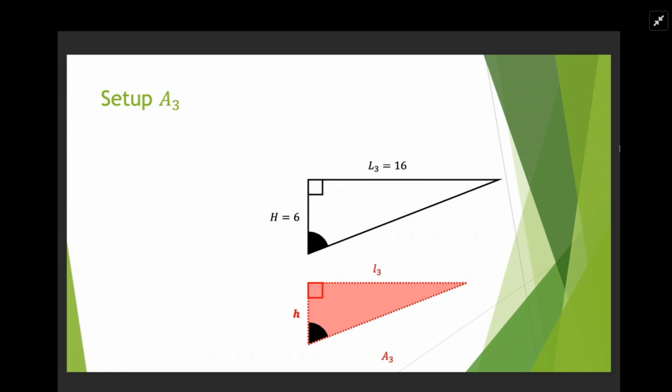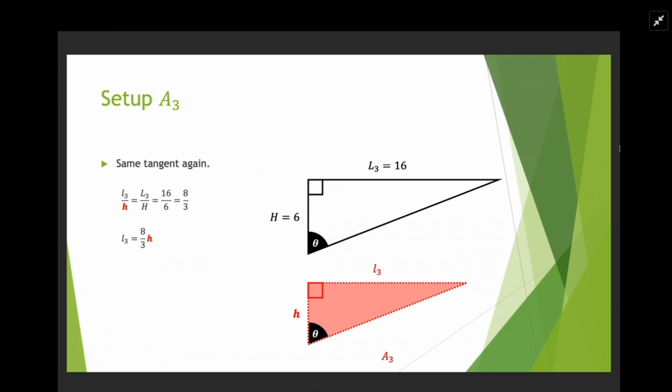Last but not least, we have the final area, A3. Now this is just the same situation as before. Two triangles sharing the same angle, which have the same tangent. So water length over water height is equal to pool length over pool height. From the diagram, we know that's 16 feet over 6, which is 8/3.